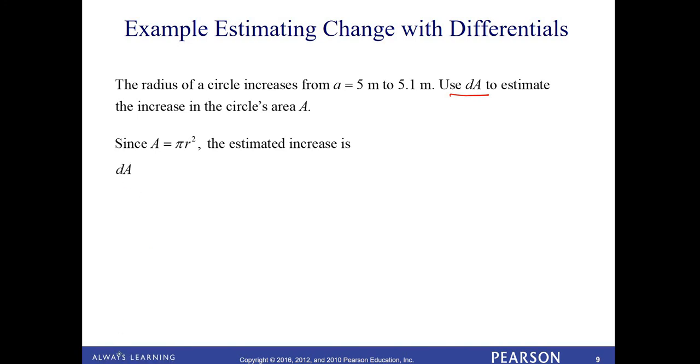We're going to find our differential dA, calling it 2 pi r dr. Using my original value and the differential of 0.1, I can say that my difference in area is approximately pi. So a pretty simple thing to do using that change from a to a plus dr, dx, whatever it might be. And that's it for today.